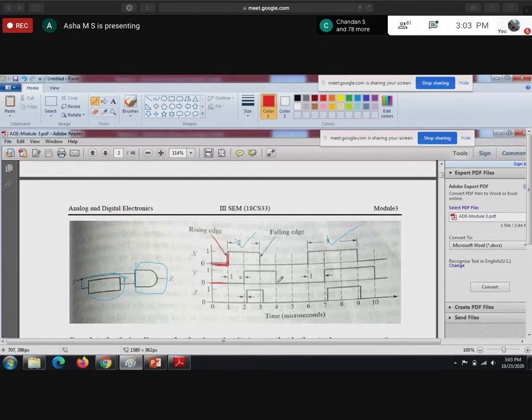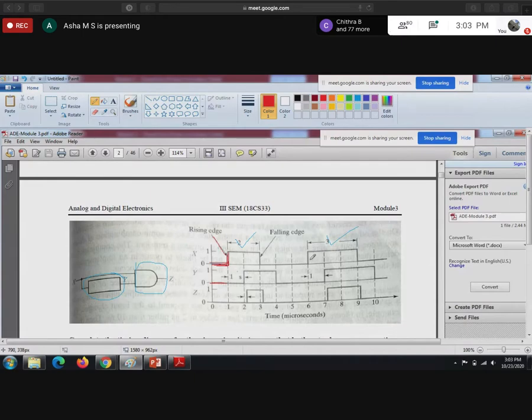See, between X and Y, I don't have any gates. I just have an added delay. The output Y is the same as X, but because of the added delay, after the rising edge of X, after 1 microsecond, Y is going to change.